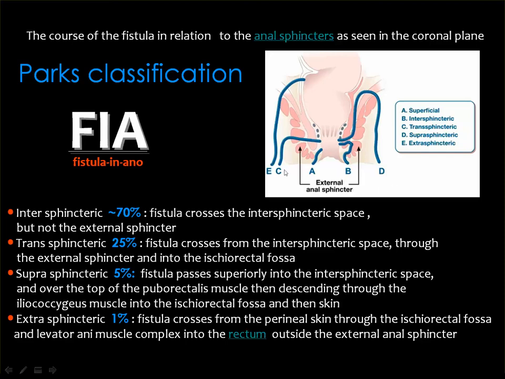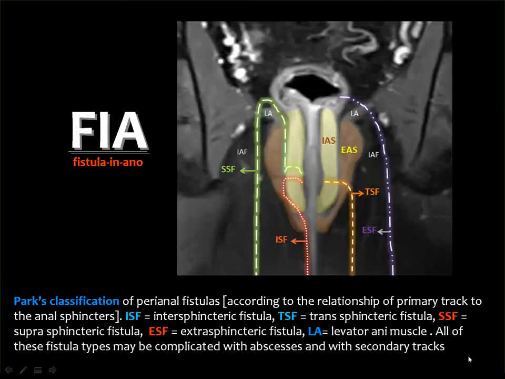And this is the rarest type, where you have an opening on the skin, and if you follow this opening you go directly above the levator, then into the rectal wall. And this is Parks classification of the anal fistulae.